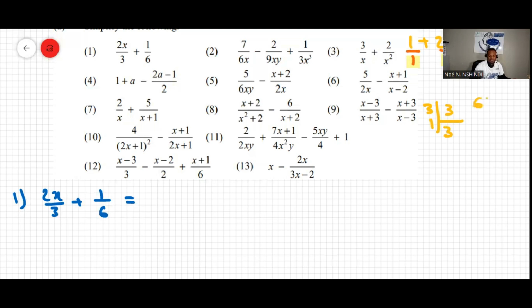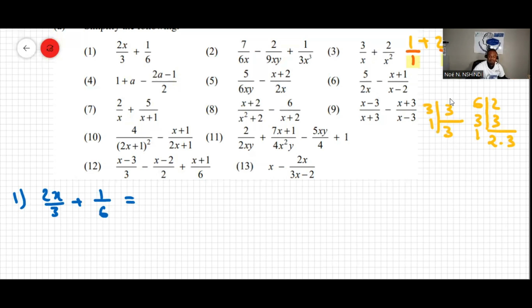We can also do the prime factors for 6. We divide by prime numbers, okay? 6 divided by 2 is 3, and then 3 divided by 3 is 1, so the prime factors of 6 are 2 times 3. Now, I usually prefer to label my factors. Prime factors are like prime numbers.